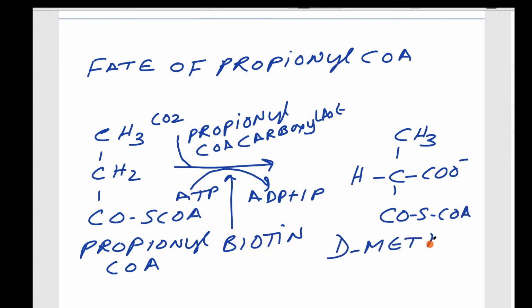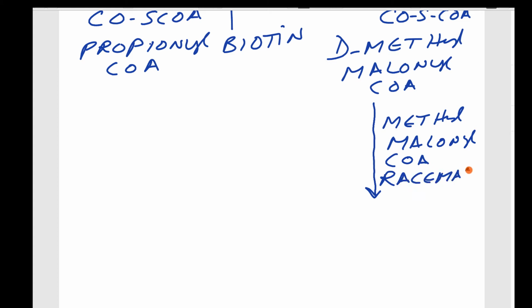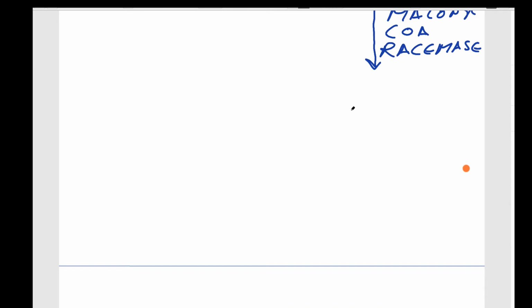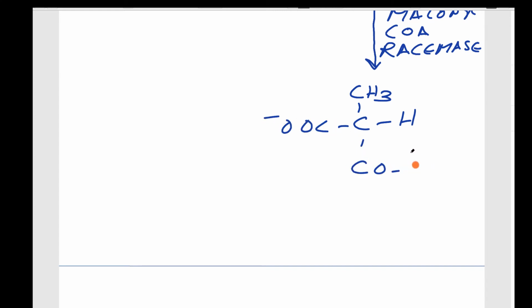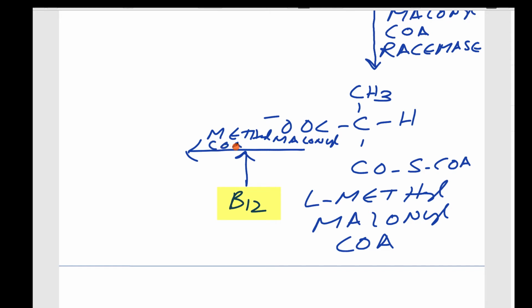It is called D-methylmalonyl coenzyme A. By the action of methylmalonyl coenzyme A racemase, one isomeric form is converted to the other isomeric form, from D-methylmalonyl coenzyme A to L-methylmalonyl coenzyme A. Then the most important reaction, in the presence of B12, cyanocobalamin, the enzyme is methylmalonyl coenzyme A mutase.